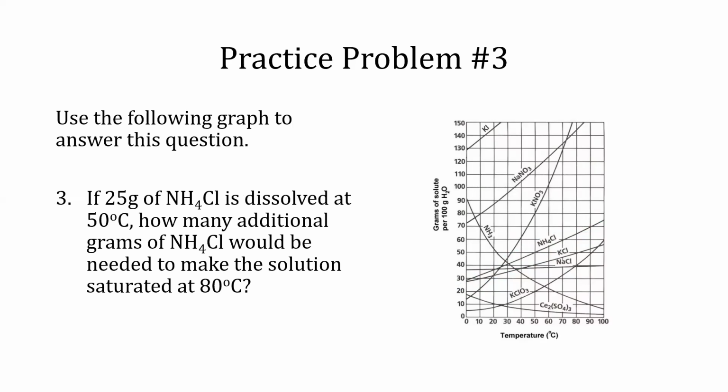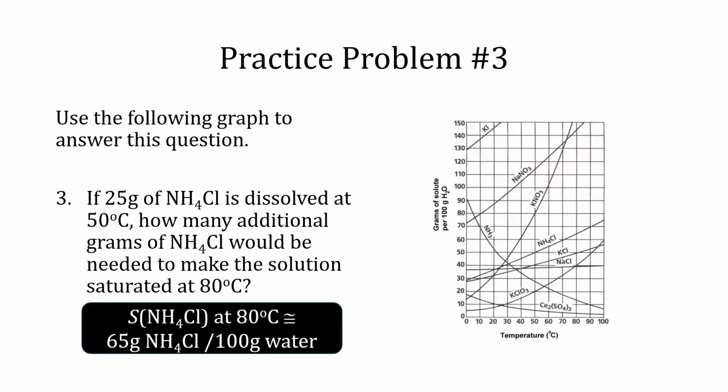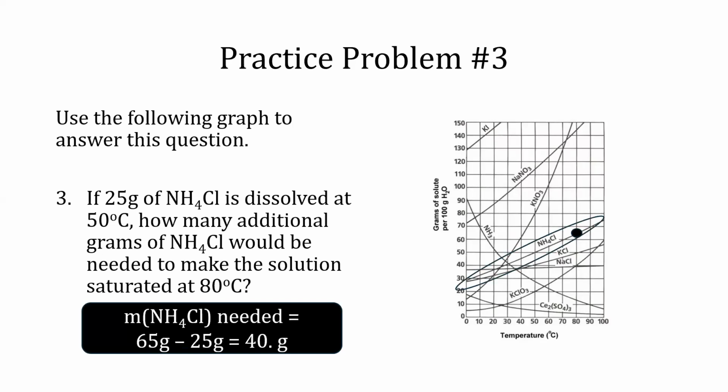The solubility of NH4Cl at 80 degrees Celsius is 65 grams of NH4Cl per 100 grams of water. The final answer is calculated by taking the solubility minus the mass already present, resulting in a mass of 40 grams.